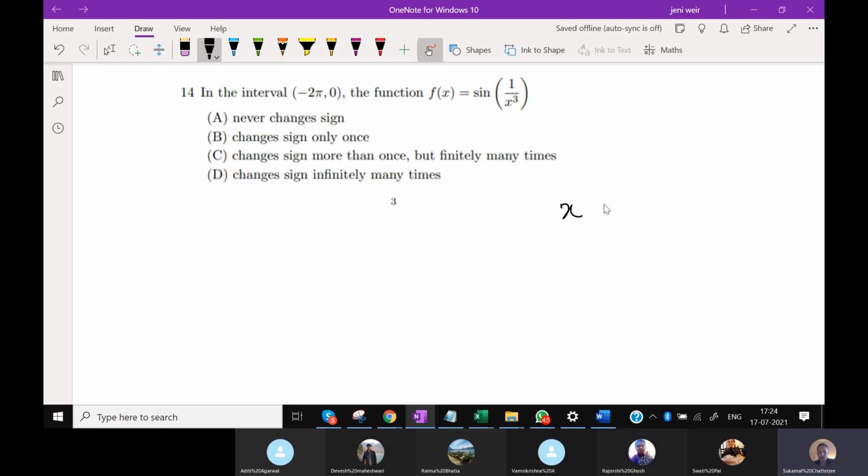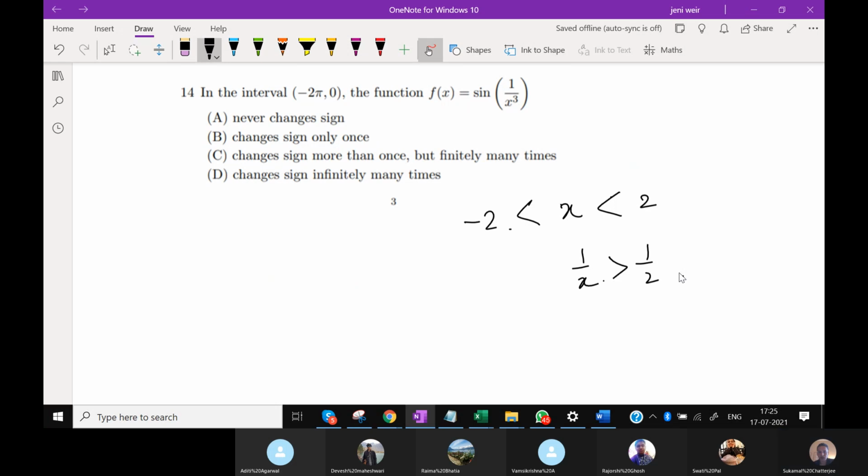If x is less than, let's say, 2 and greater than minus 2, then what will happen to 1 by x? Think of a value of x, let's say 1. 1 is less than 2, but 1 by 1 is greater than 1 by 2.